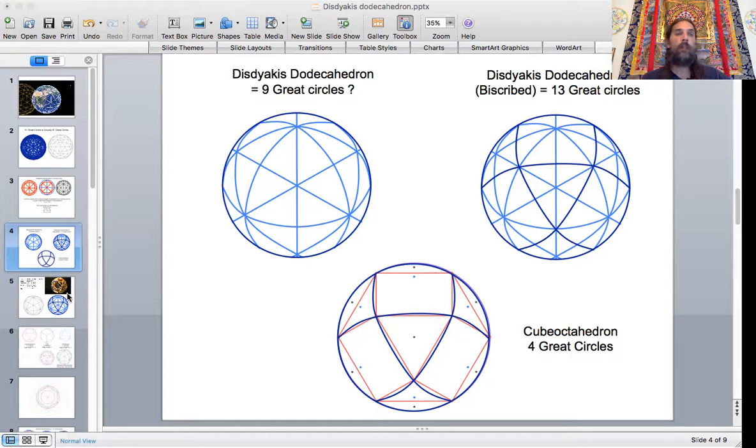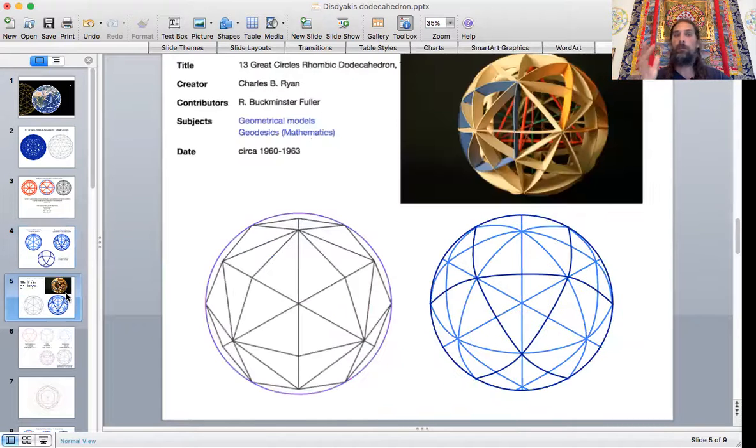But I came to this realization, but before we get to that, I want to show you that this wasn't a form that was not on Buckminster Fuller's radar, let's just say, because he and Charles B. Ryan back in 1960, 1963, well before I was born, constructed this form of 13 great circles.